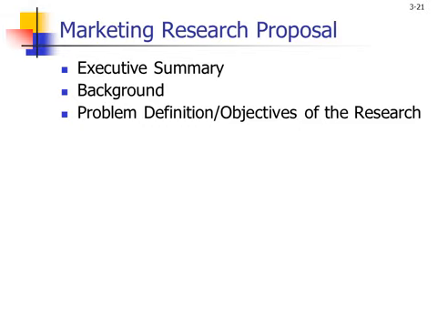Number three, the problem definition or the objectives of the research. A statement of the problem, including the specific components, should be presented. If these elements have not been developed, the objective of the marketing research project should be clearly specified.